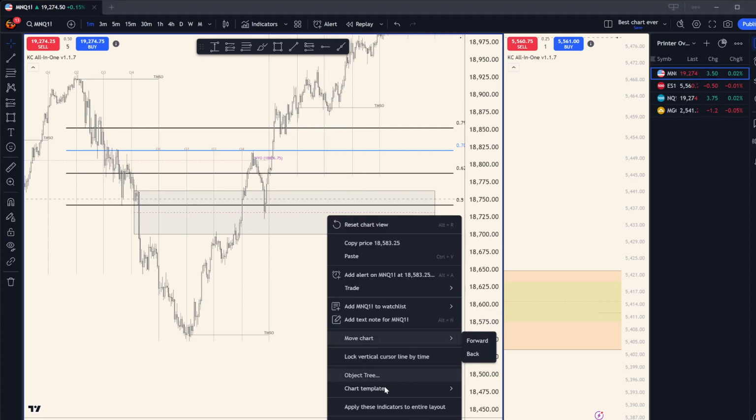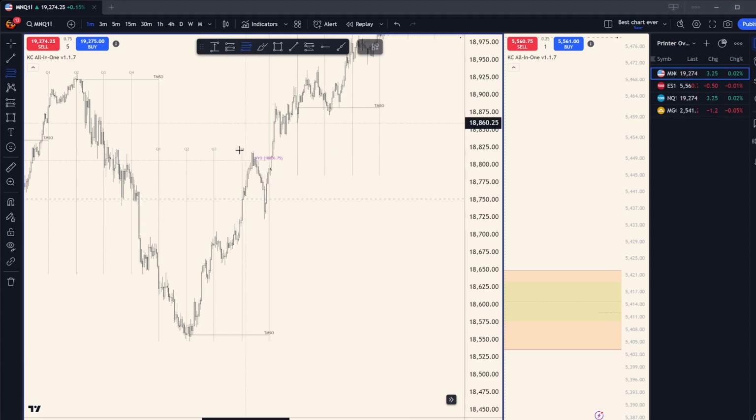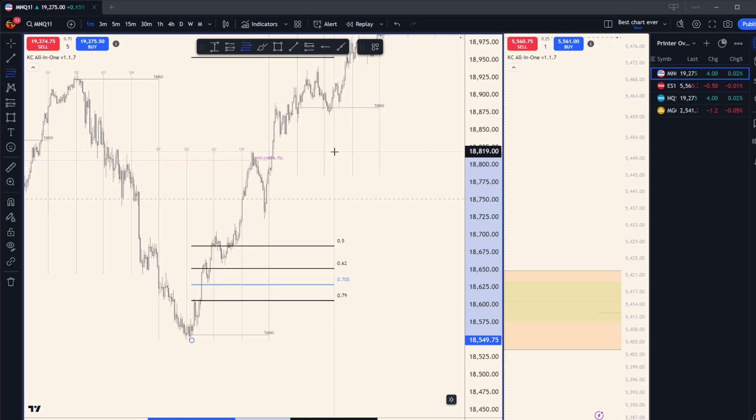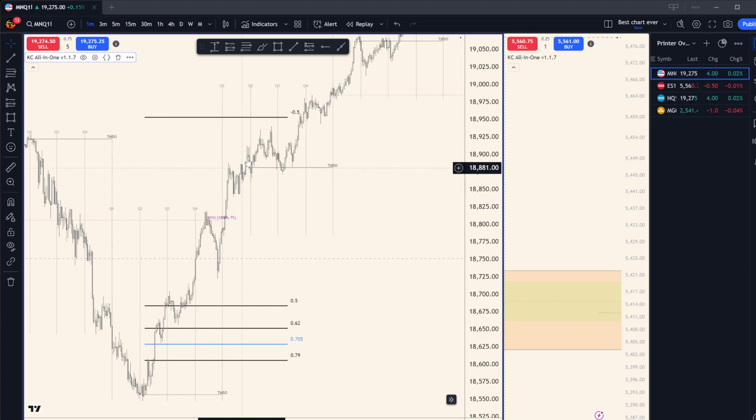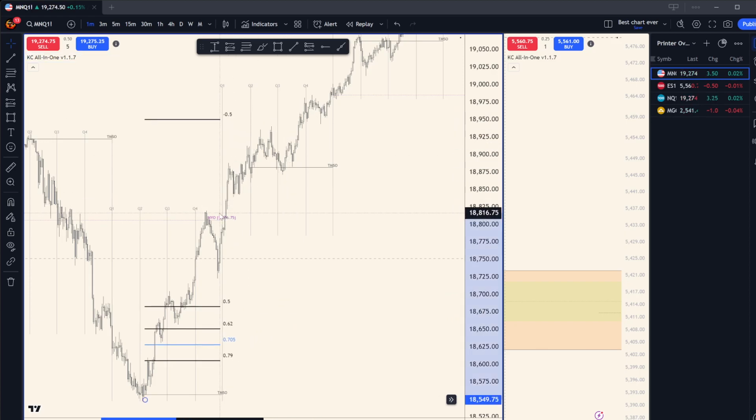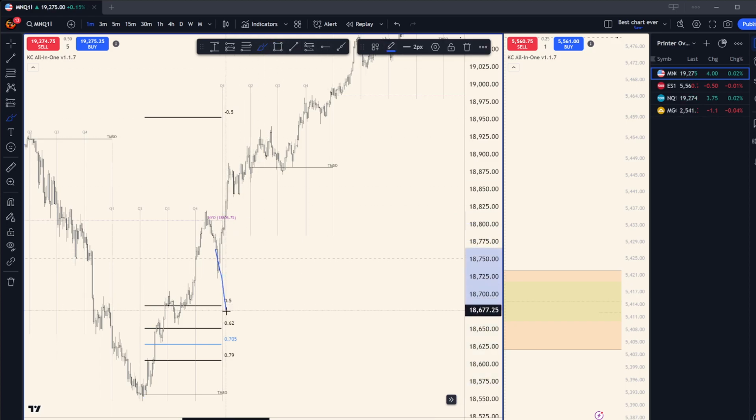Similarly, for the longs. After the longs worked, you can see that the premium of the range stretched out a lot. Let's say from this swing point right here. So if you wanted to go long, ideally you do want price to come back down here first.